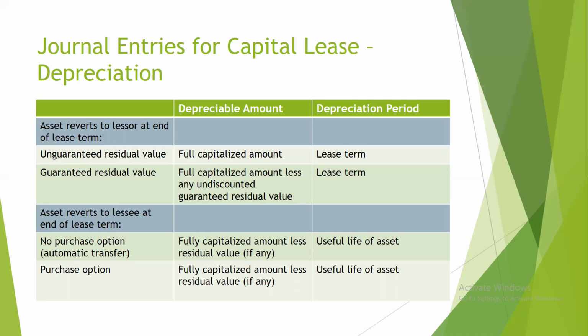Basically, your depreciation period is how long you're going to have the asset. Are you going to have it for the whole time? Because the lessee is going to take the asset at the end of the lease term, then you divide it by the useful life. If not, then you divide it by the lease term.